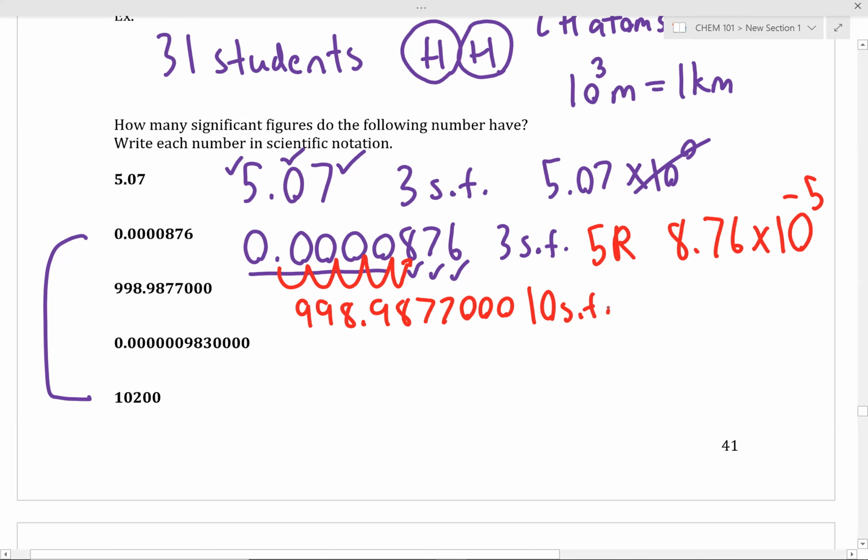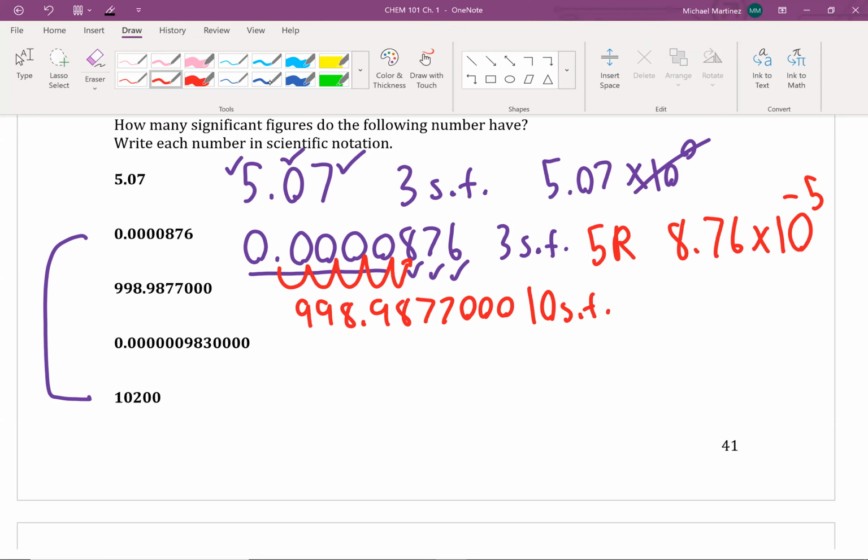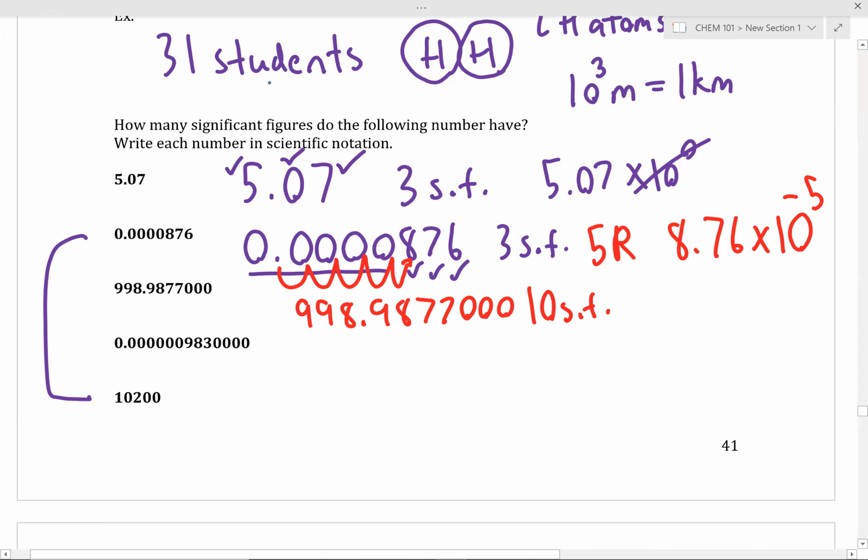Okay, now in scientific notation, let's switch pen colors one more time. What direction do we have to move our decimal point? To the left or to the right? To the left. And how many spaces? 2. Yep, 1, 2. So we're moving 2 spaces to the left. So is our exponent going to be positive or negative?